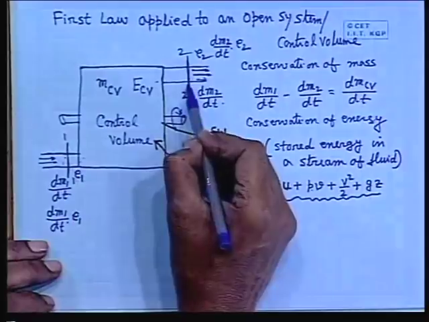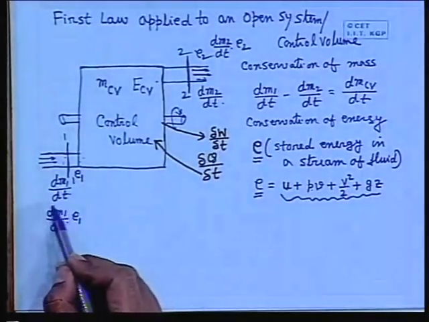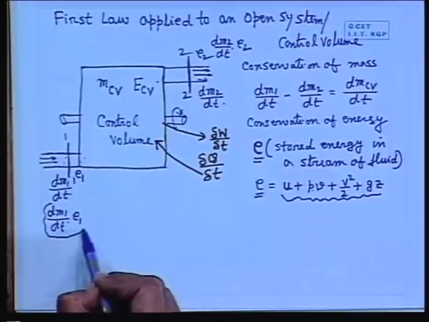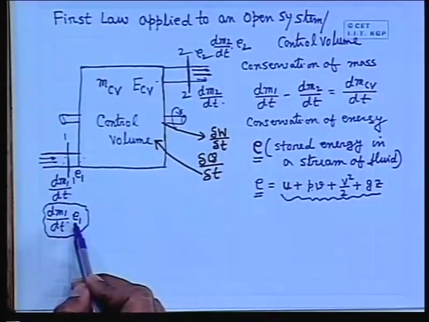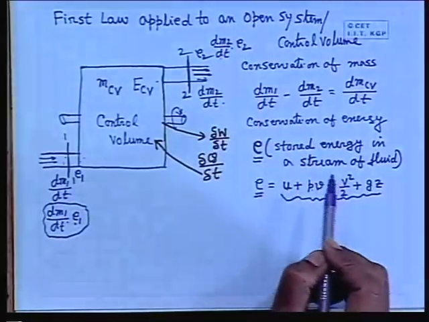They do not change with time. That means the properties of the fluid stream entering into the control volume or going out of the control volume are invariant with time. There is a change of these properties while flowing through the control volume, but at this section all the properties are invariant. So that we can write the energy quantities entering into the control volume per unit time as the mass flow rate into energy per unit mass.